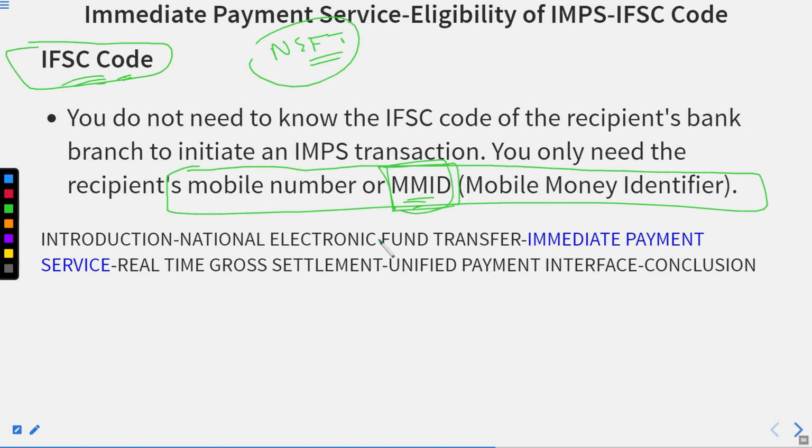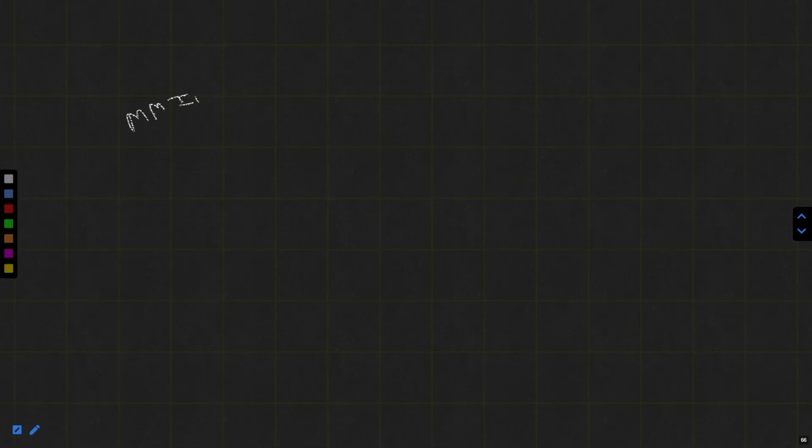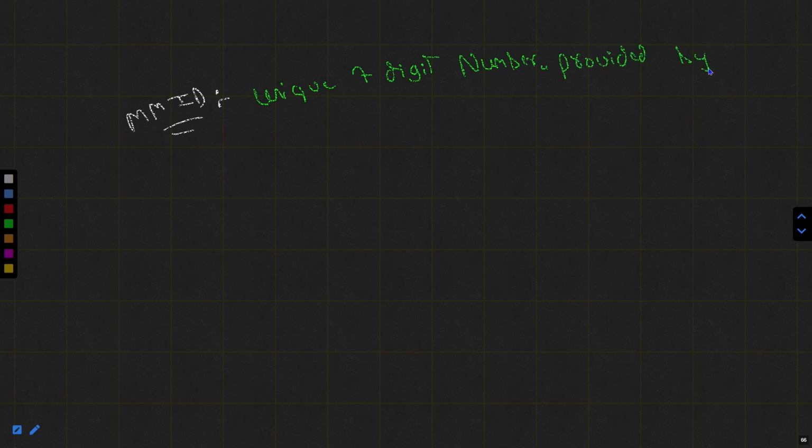So basically, if we talk about the MMID, what is it? What do you mean by MMID? It is a unique 7-digit number provided by the banks to customers for using IMPS.